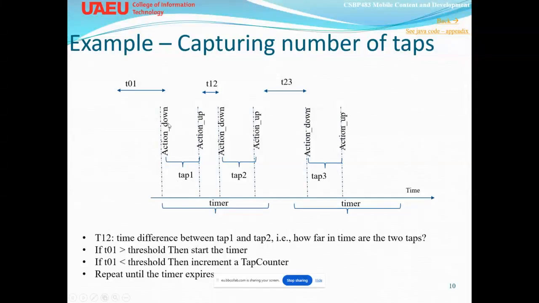Every time there's an action down, we increment the counter, and at the end of the timer, we decide based on the value of the counter. Is it 1, which means single tap, 2 means double tap, 3 means triple tap, and I don't think 4 is going to happen. So this is the simple logic for capturing double tap, triple tap, and so on.